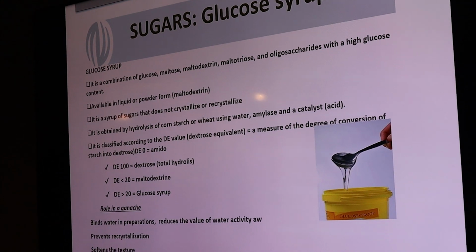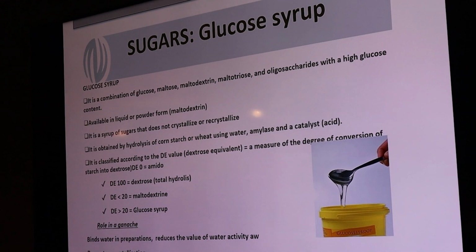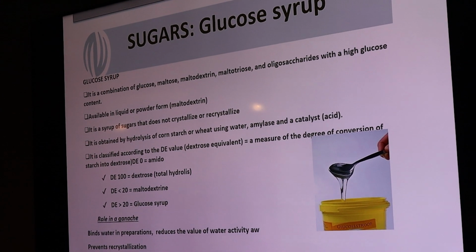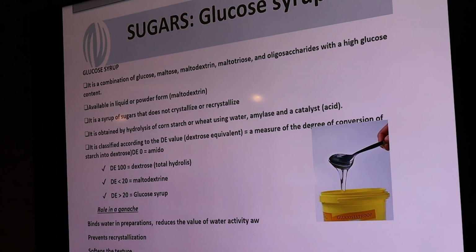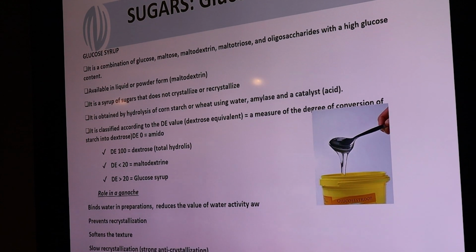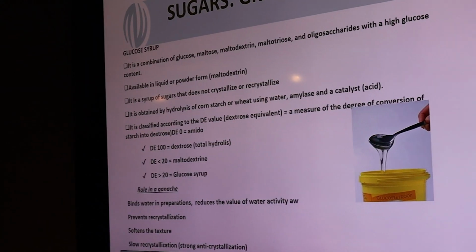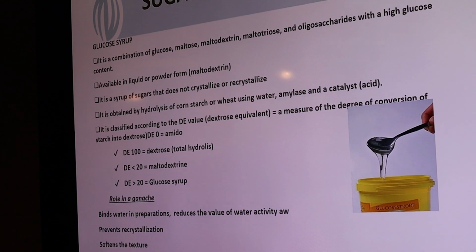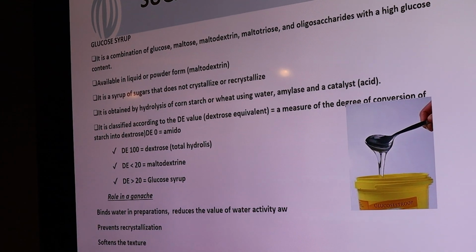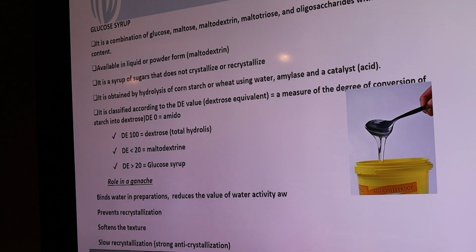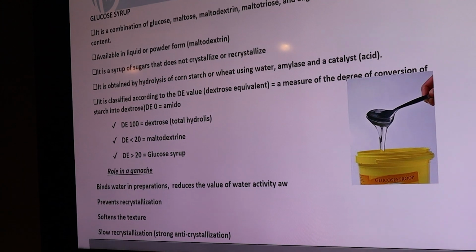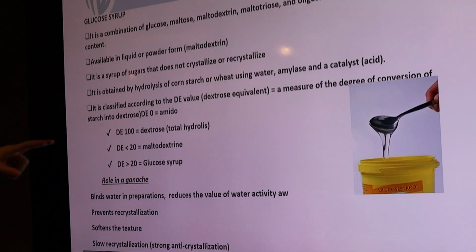And then we come to glucose, which is basically the main body in a ganache, together with inverted sugar. There's a lot of explanation in the glucose, because when we talk about glucose, we also talk about the DE.